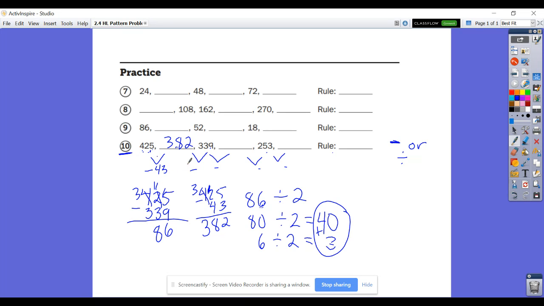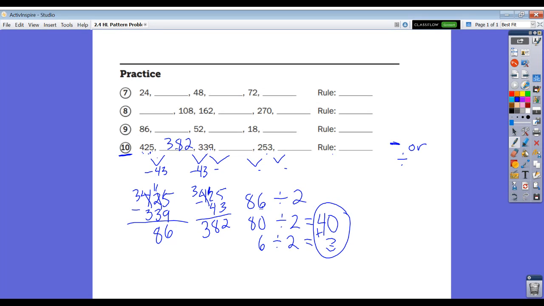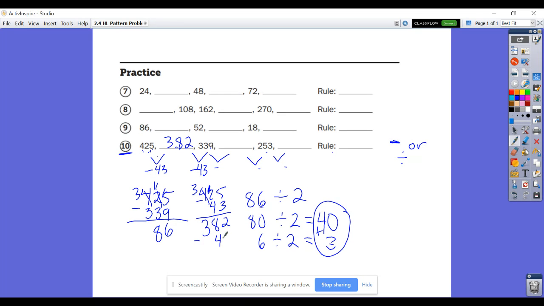And now it's a pattern, so I would want it to be the same every time. So now I'm hoping when I subtract 43 again, I get to 339. Double check at home that you're getting the same thing. Oh, yes!